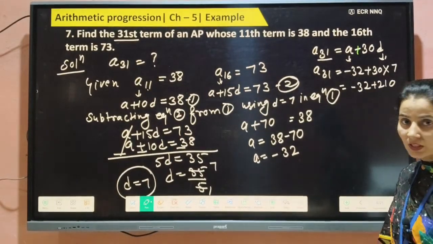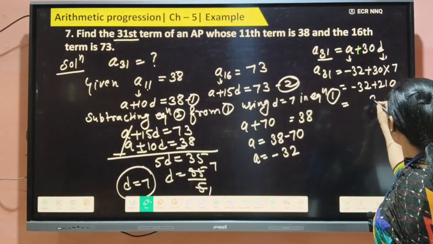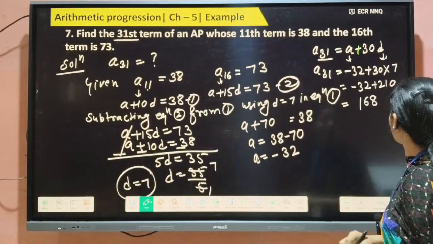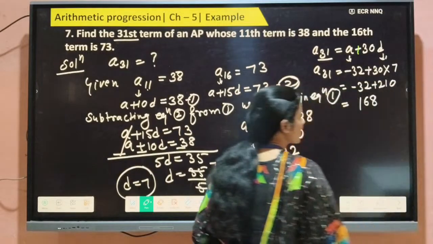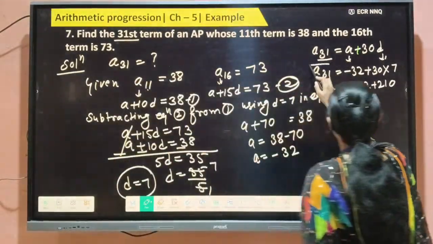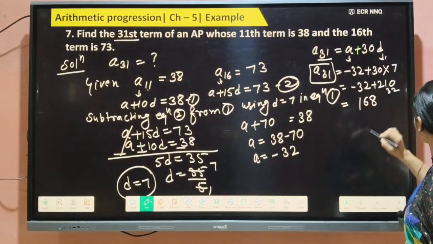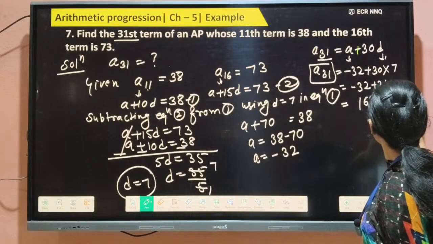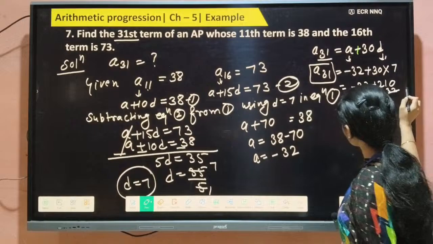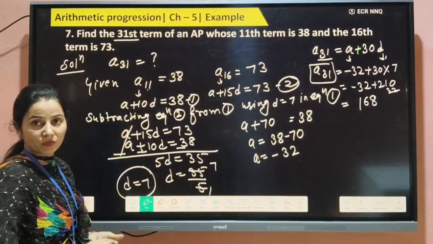Minus 32 plus 210, so the answer is 178. 168 is your A31, the 31st term of this AP.